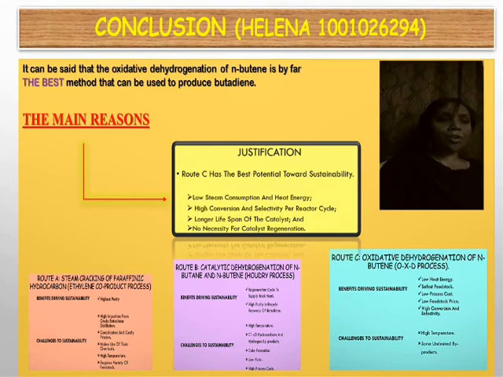Route C, or the oxidative dehydrogenation of N-butene, is the best route for the production of butadiene simply because it has the safest feedstock, it has a low process cost, it has a high conversion rate and selectivity, and at the same time requires a low amount of heat energy.